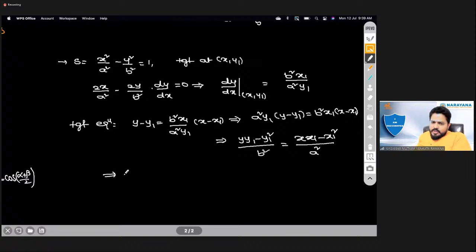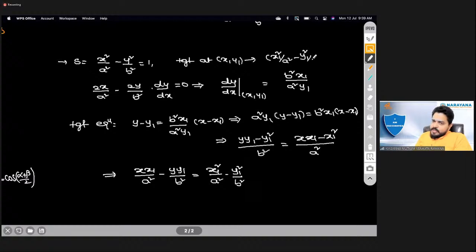So from here you're going to get x x1 by a square minus y y1 by b square is equal to x1 square by a square minus y1 square by b square. But the point x1, y1 is on the curve, so x1 square by a square minus y1 square by b square is equal to 1.